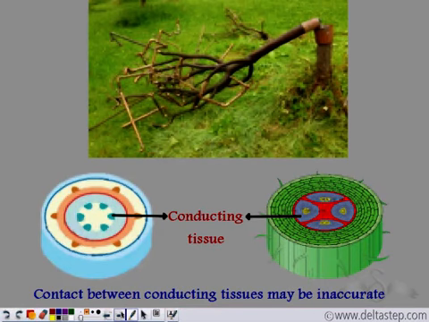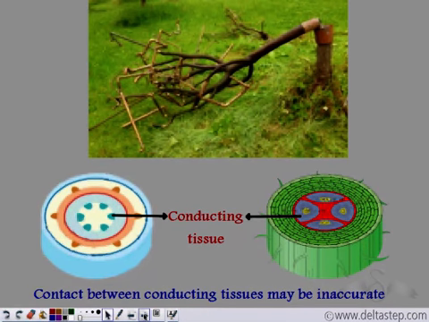So, to increase the chances of grafting, the scion and the stalk have to be of the same species so that the conducting tissues are completely aligned.